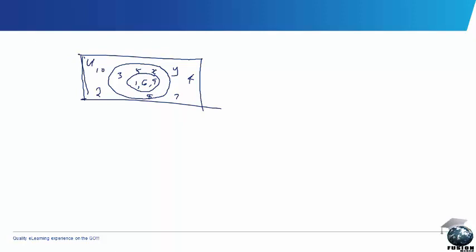This is my universal set. Hence, this illustrates that since X is a proper subset of Y, then X union Y is equal to Y.